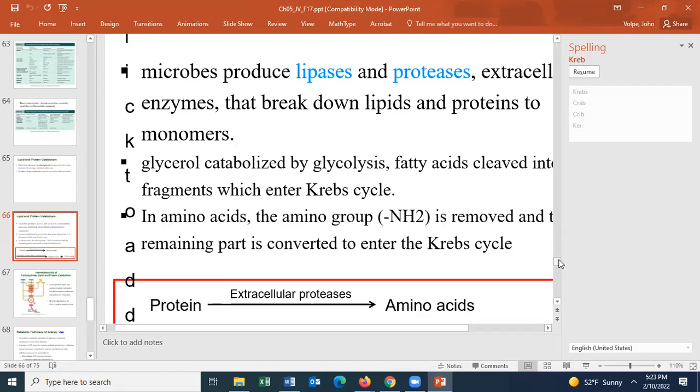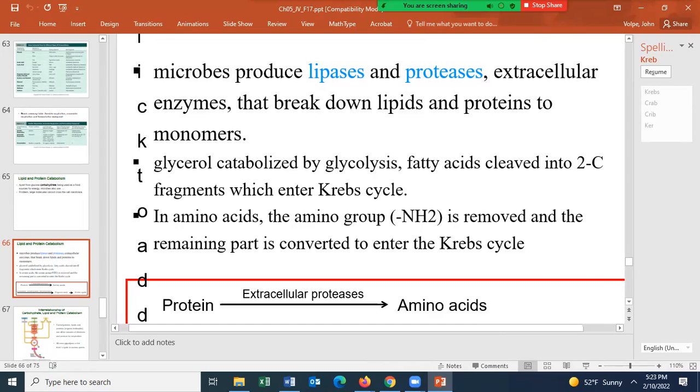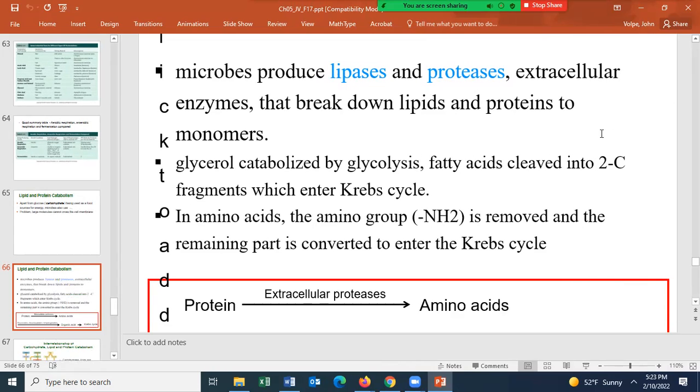So for starch, you break down the monomers into glucose. And then you bring the glucose into the cell by active transport. There's a transport protein which brings the glucose across the cell membrane.